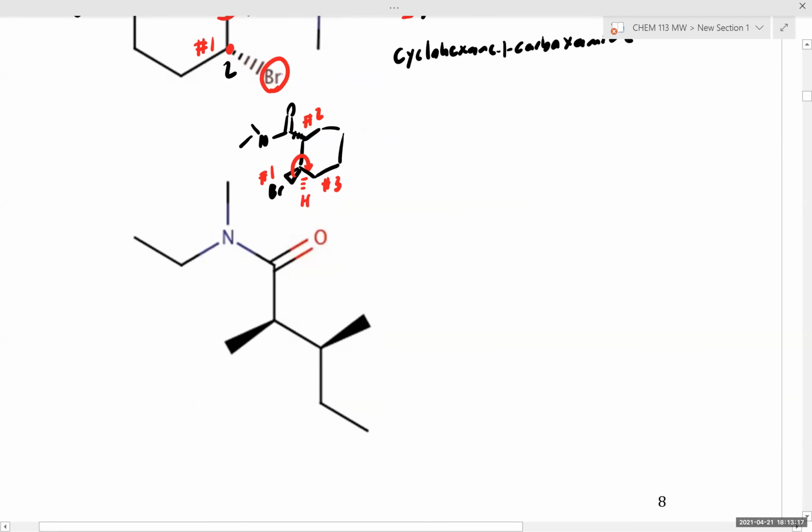Okay, let's look at this last compound. Let's try to apply what we've learned from naming amines to propose a full name for the following compound. So let's take a few moments and try to name this compound using IUPAC nomenclature methods.